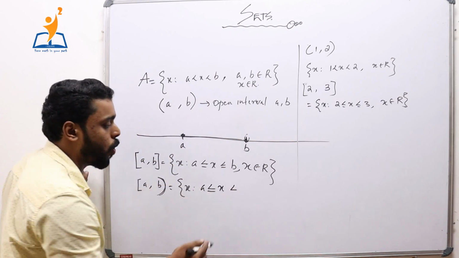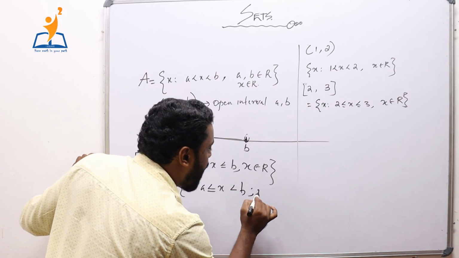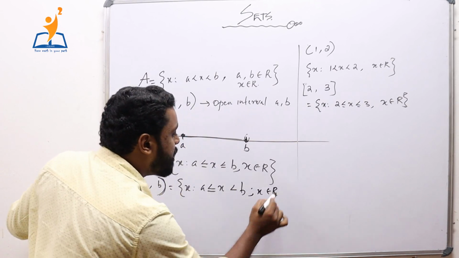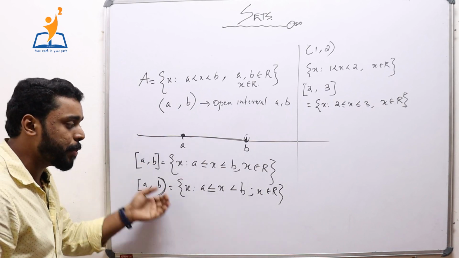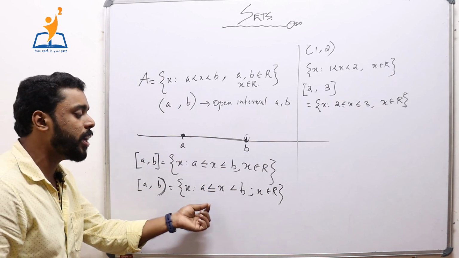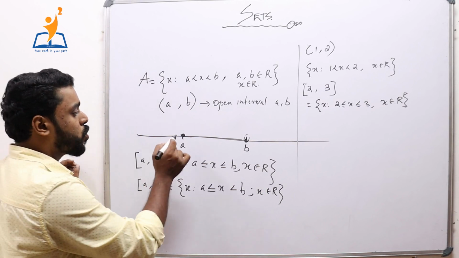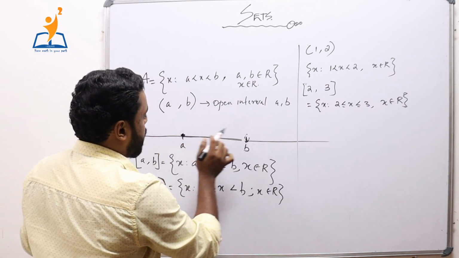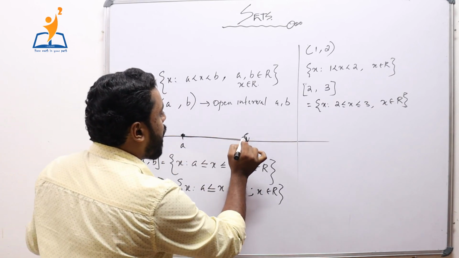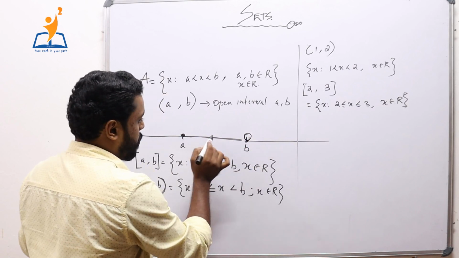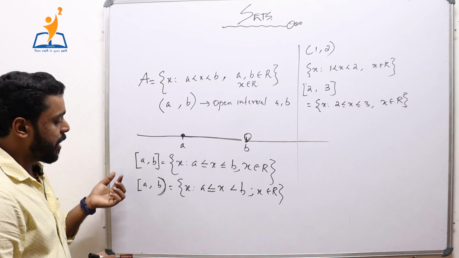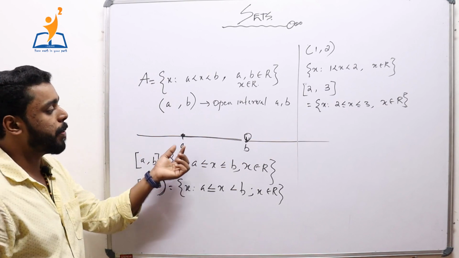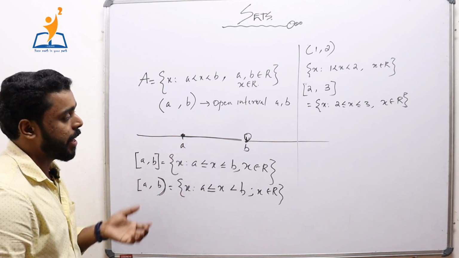So we use strict inequality there, and x is an element of R, which means that it includes the set of all real numbers in between A and B, including A and excluding B. So we can denote it as a darkened bubble at the end A and an open bubble at the end B. So this is the notation for closed A and open B in the number line.